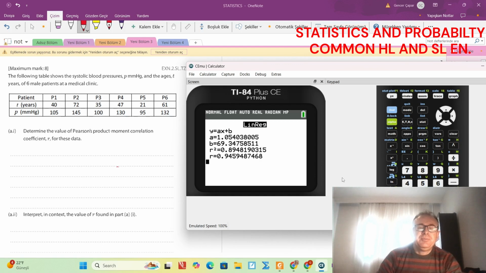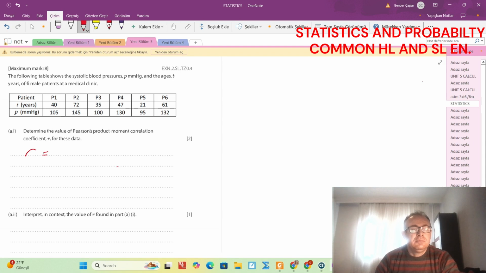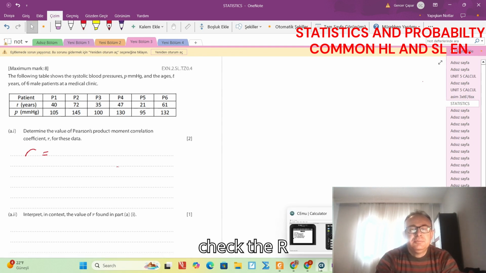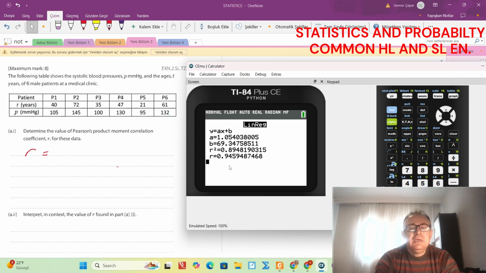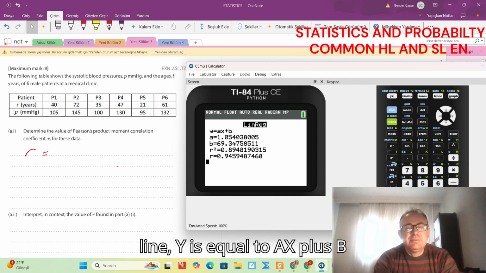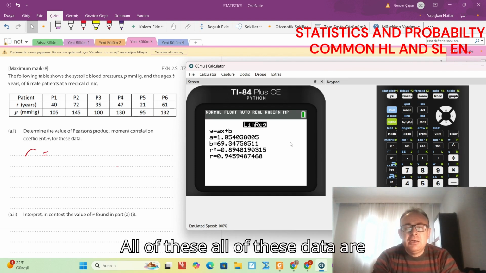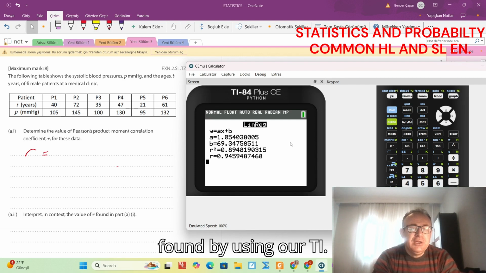Now, as you see here, the r value is 0.9459 and so on. Also, for our regression line y is equal to ax plus b, a is 1.05 and b value is 69.34, and so on. All of these data are found by using our TI.